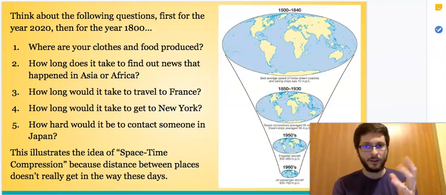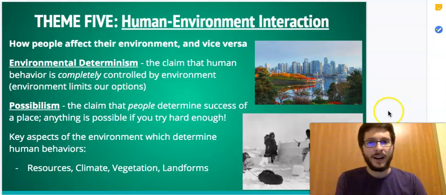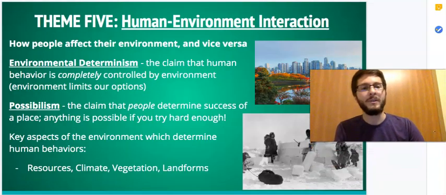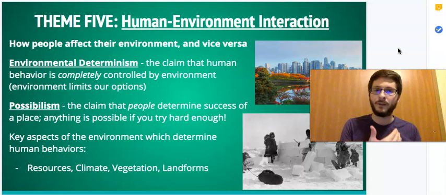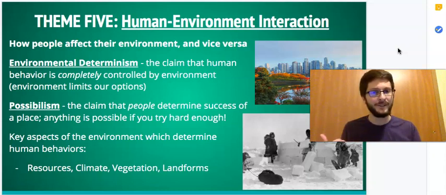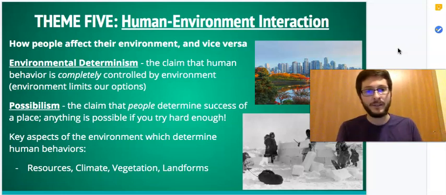Everyone, take a deep breath, and then we're going to move on to theme number 5, which is human environment interaction. Okay, this one's pretty straightforward, right? Human environment interaction. It's how humans and the environment interact with each other, how we impact our environment. And let me tell you, people have not been doing a very good job of caring for their environment.